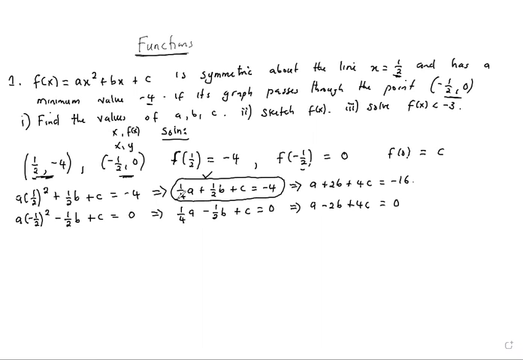What else do we know? We know that -b over 2a is actually equal to the line of symmetry. So what was your explanation why the second equation is 0?